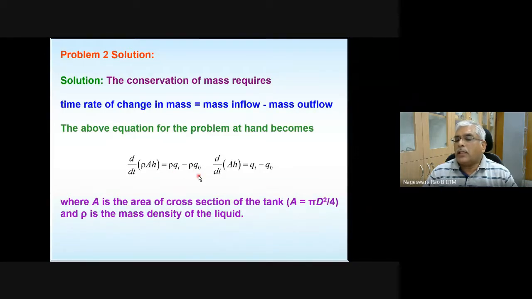That is what is written mathematically like this, along with the inflow mass and outflow mass. So this is the governing differential equation to explain a physical phenomenon in which a tank is being filled and also some of the liquid is being taken out.